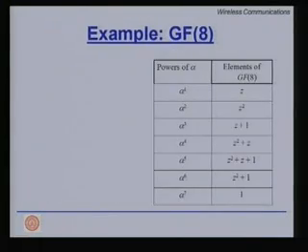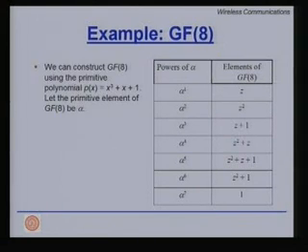Let us look at an example. The example is of GF(8). Let us say the primitive polynomial P of x is x cubed plus x plus 1. This is clearly non-factorizable over GF(2), because you can substitute 0 and 1 and check that x minus 1 and x minus 0 are not factors.